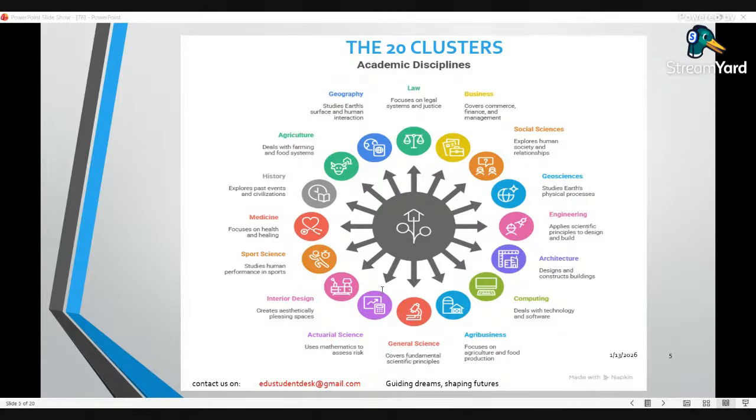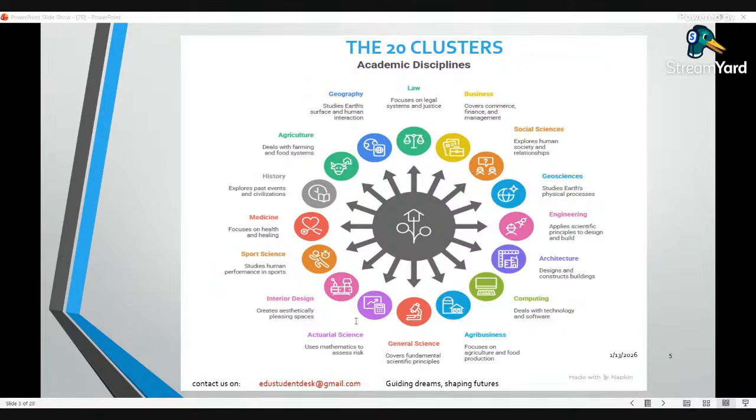Cluster 10 relies mostly on mathematics, actuarial science, statistics, data science, economics. Cluster 11, fashion and interior design. 12, sports science. 13, medicine and health, the people of pharmacy, nursing. History is cluster 14.